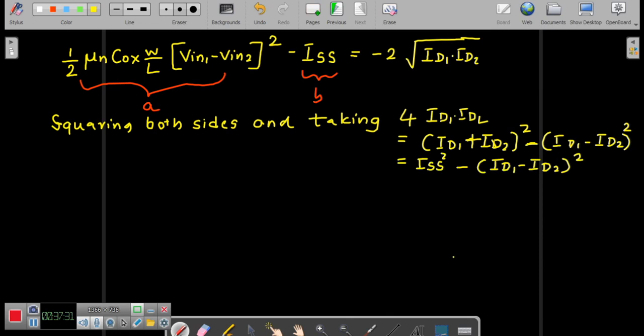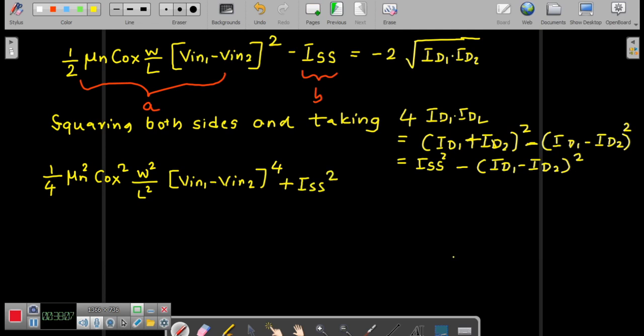So now on the other side, that is on the left hand side, what I would get is 1 by 4, please look here, 1 by 4 mu n square Cox square W square divided by L square into (Vin1 minus Vin2) to the power of 4 plus ISS square, a square plus b square, a plus b whole square.